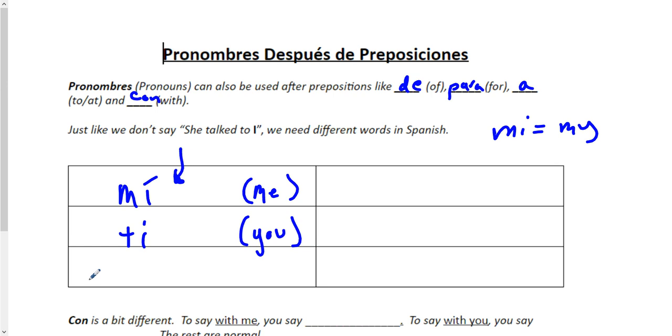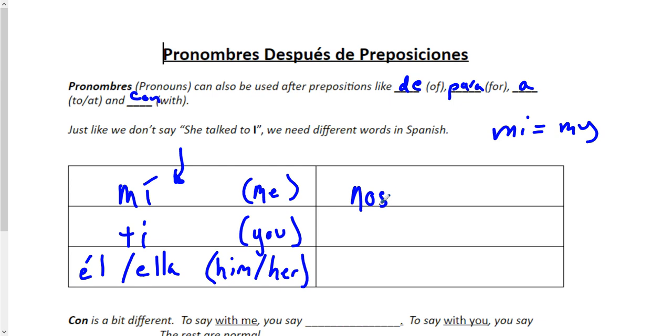Now, these guys are all going to be the same in Spanish. We're going to have él, we're going to have ella, we'll have usted, okay? But you should know that if you're translating in English, they would say him or her rather than he or she, okay?